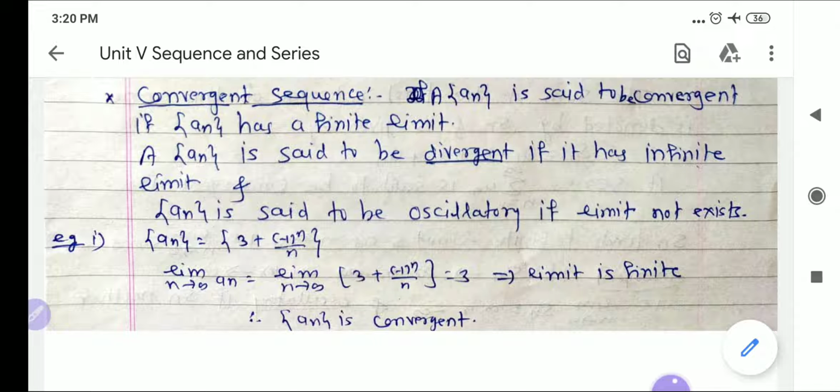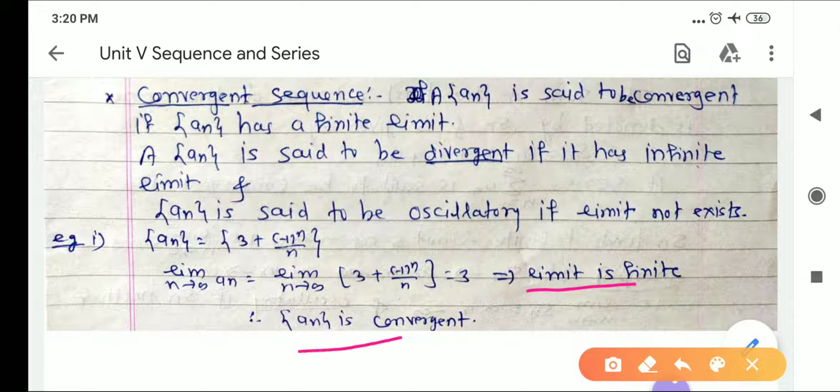Okay, limit is 3 and 3 is finite, so therefore this sequence is convergent. So we say that a given sequence is convergent if it has a finite limit. Here we get limit 3, so from this we can say that sequence an is convergent.